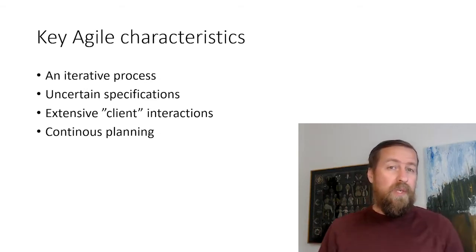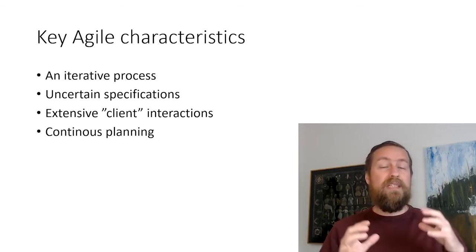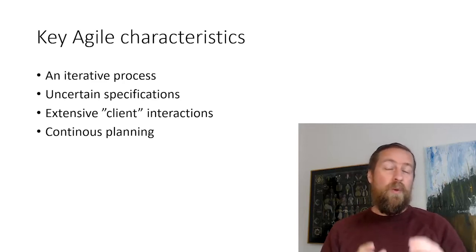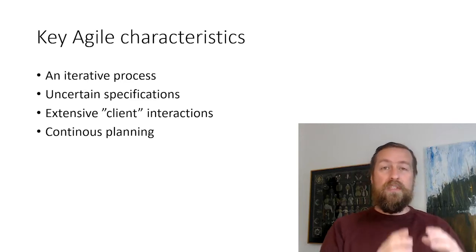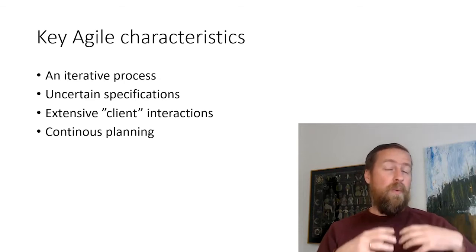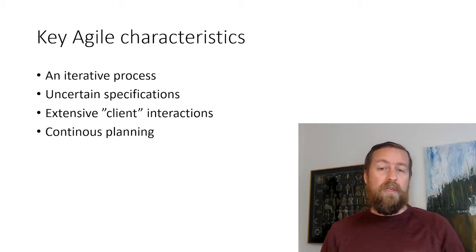One of the critical requirements for running an agile project is that there is intensive client interaction. We need to talk to the customer continuously, because we continuously update the specifications. We continuously adapt the resources in this.